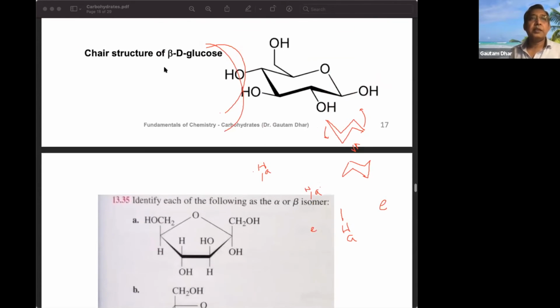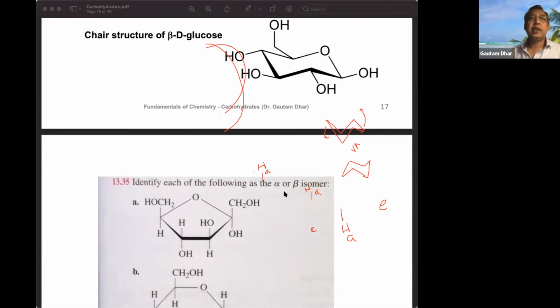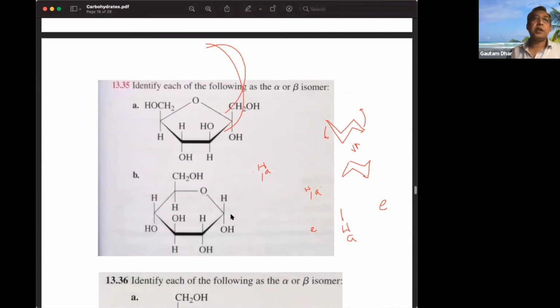Identify each as alpha or beta. So this is the chiral carbon here. Let me clean it up.